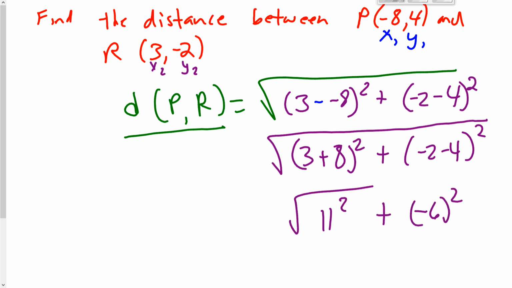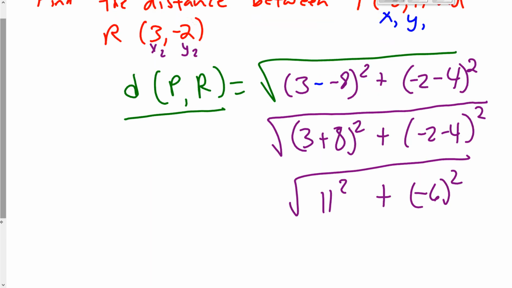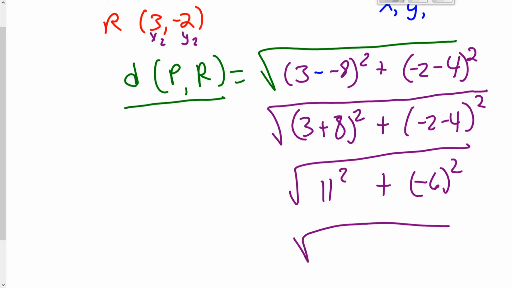Just be careful, notice I took down the parentheses on 11 because it was positive. Here I didn't take the parentheses down on -6 because it's negative, and whenever you square a negative, it's going to be positive. So you're always going to be adding. That's why you sum, like if you read the actual definition, it would be the sum. So you're always going to be adding.